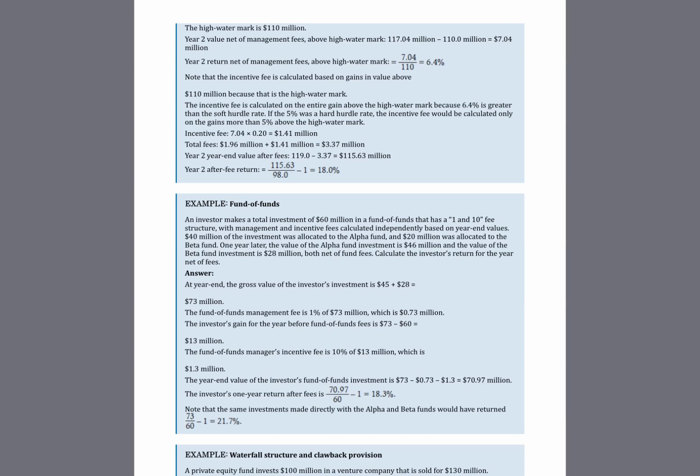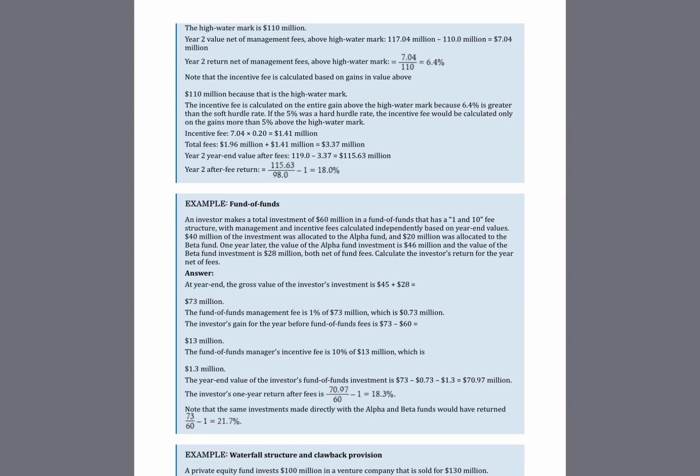So then if I look at your return, how much return have you made? Looking at the return in year 2, the incentive fee is going to be 7.04 times 0.2. But where from the 7.04?